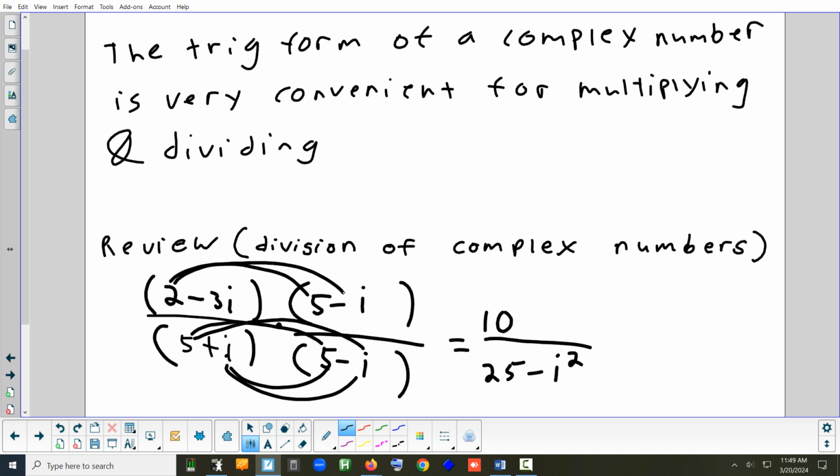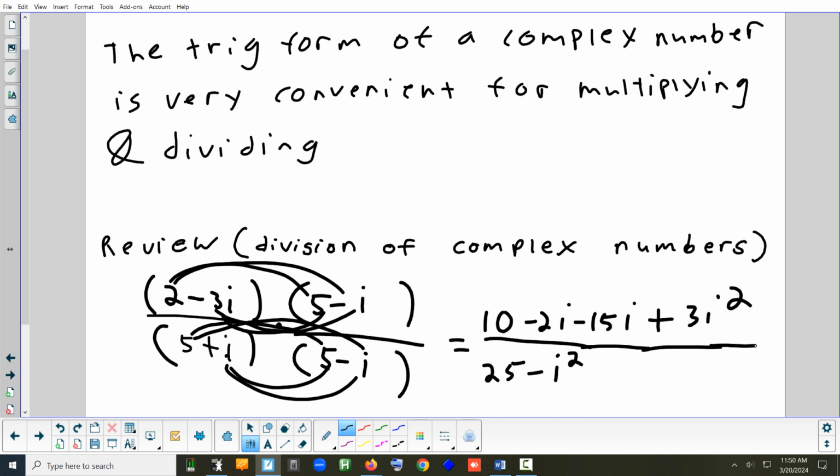What's 2 times negative i? Negative 2i. What's 5 times negative 3i? Negative 15i. Now we got a negative times a negative, which is a positive. What's 3i times i? Positive 3i squared.